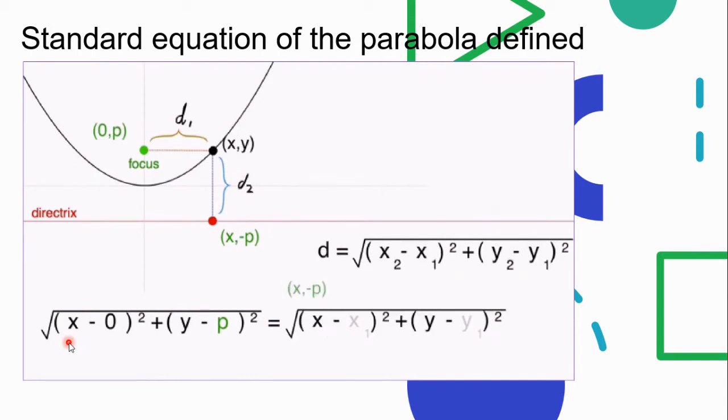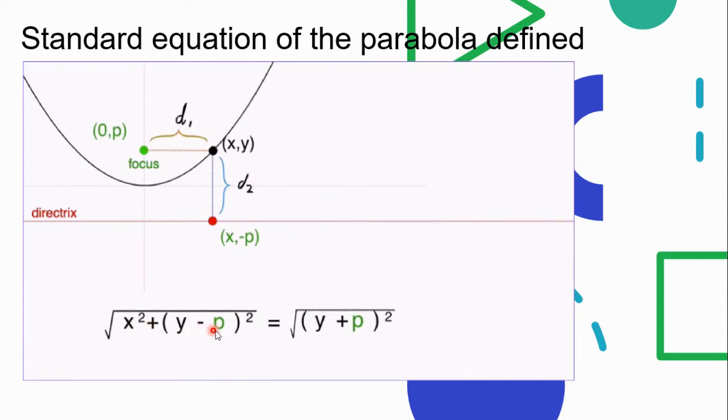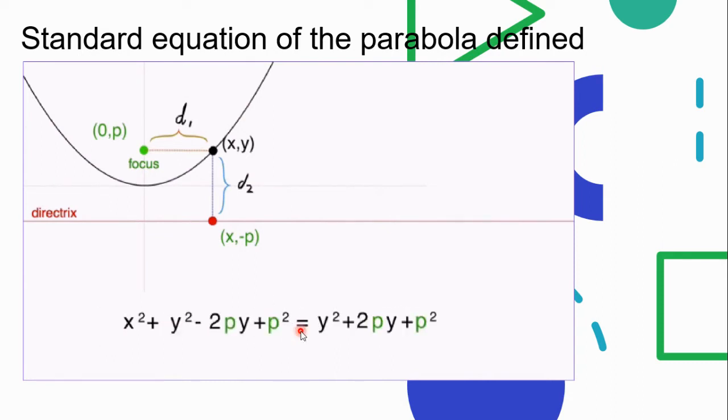Okay, just plug in. Okay, ma-zero man ni si x minus x. So, kani, matanggal na siya, kay zero naman siya. So, ang mabilin, si x squared plus (y minus p) squared equals (y plus p) squared. Square all of them to remove the radical sign, and then expand the squares. Okay. And there you have it. This one is now our standard equation of the parabola at the center of the origin.